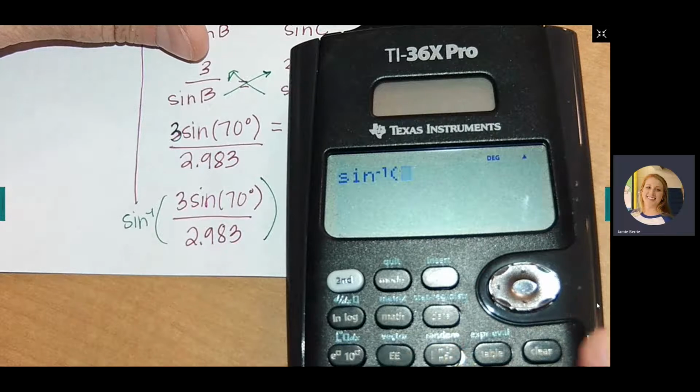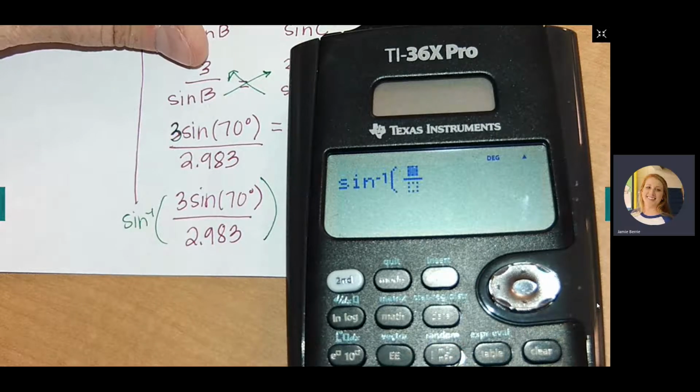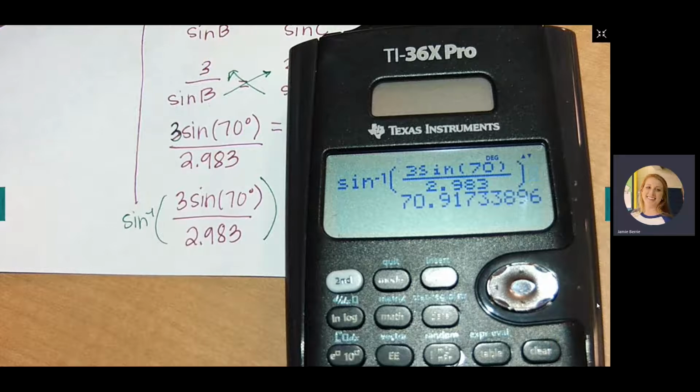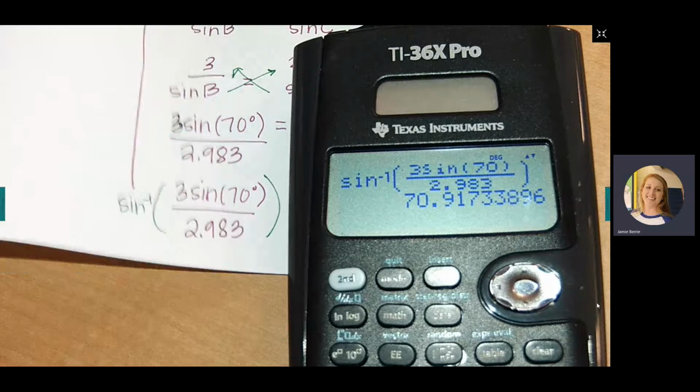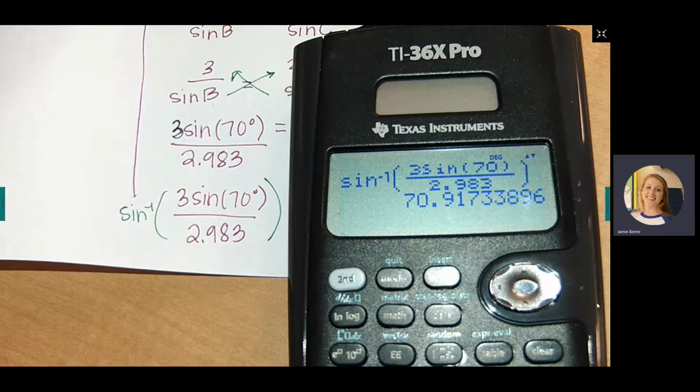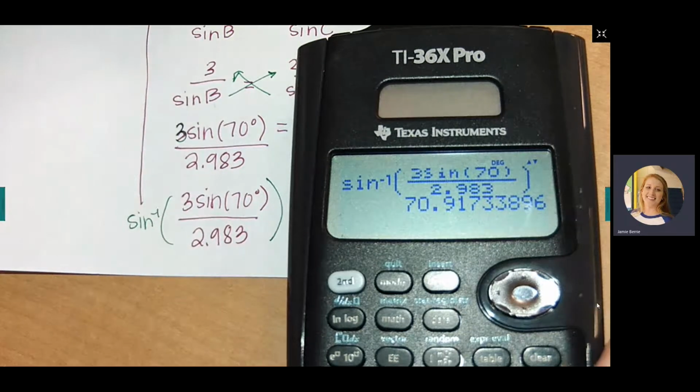All right, so let's type this in. Inverse sine of 3 times sine of 70 over 2.983. Okay, we rounded to 3 decimal places, so that's 70.917. Did I get that?